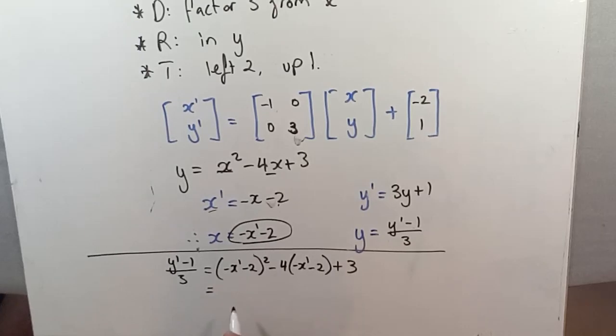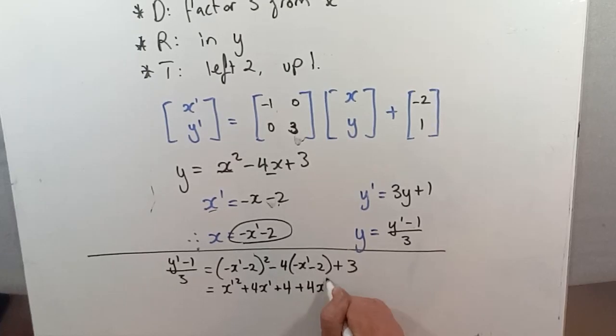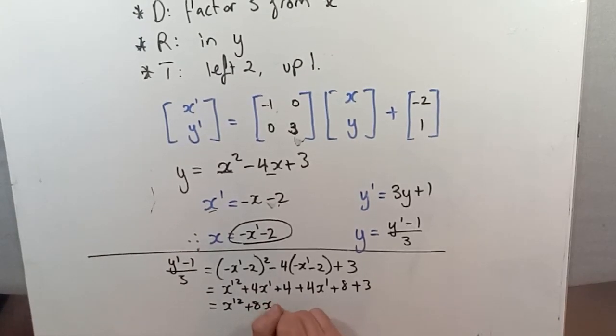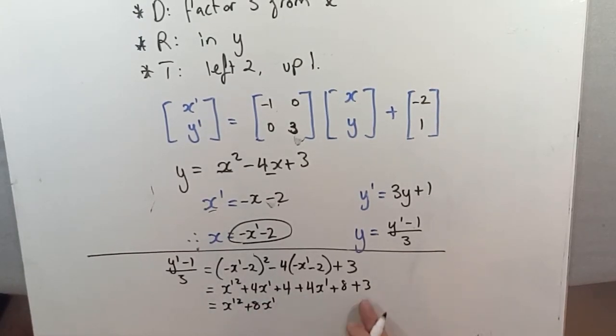Well, these negatives are going to go away, aren't they? So I'm going to get x image squared plus 4x image plus 4, plus 4x image plus 8, plus 3. Those are nice, all the negatives cancelling out makes it a bit easier. So x image squared, 4x and 4x is 8x image, plus 4 plus 8 plus 3 is 15.